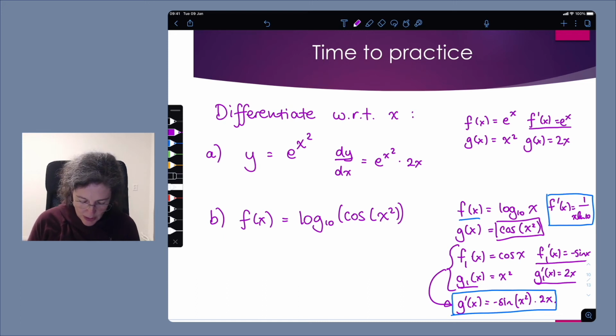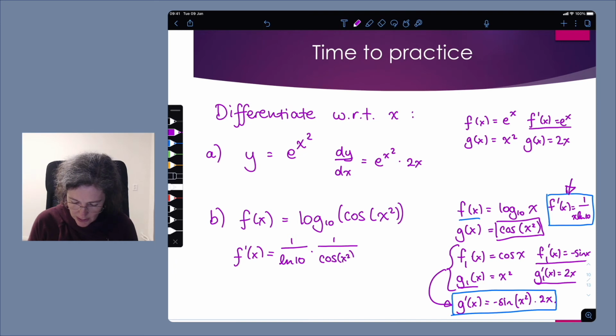So we can put this all together and say the derivative of f of x is equal to the derivative of f evaluated at g. So I'm going to do this as 1 over natural log of 10 times 1 over g. So g was cosine of x squared. And now I've got to multiply it by the derivative of g, which is this thing over here, times minus sine of x squared times 2x.